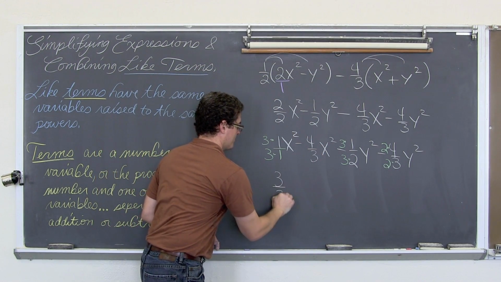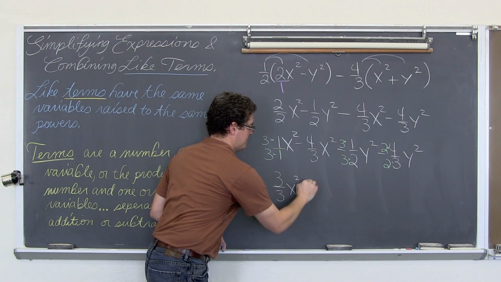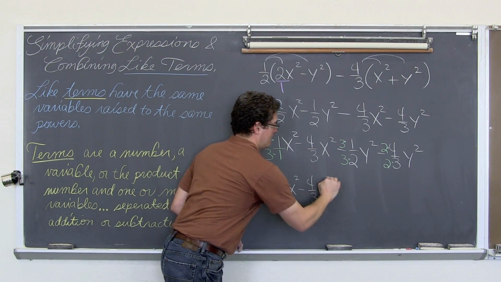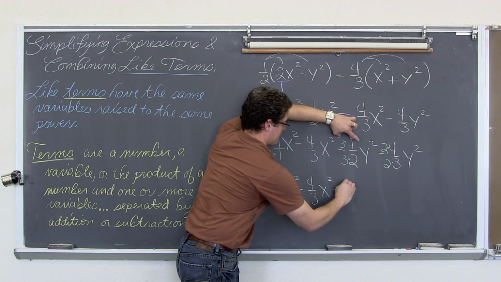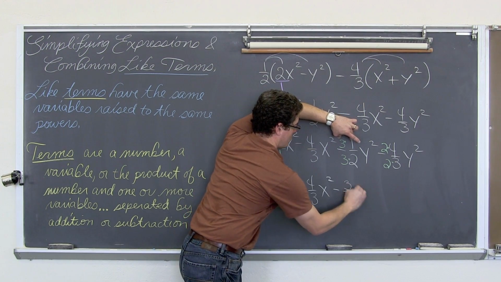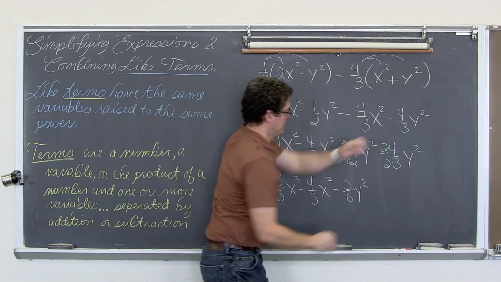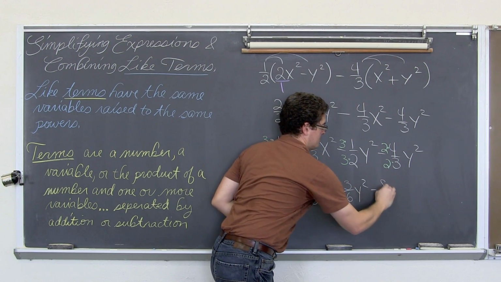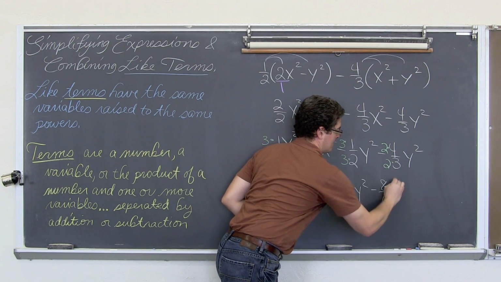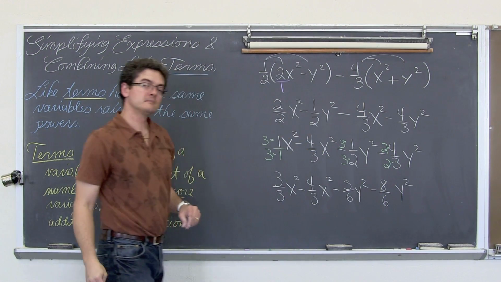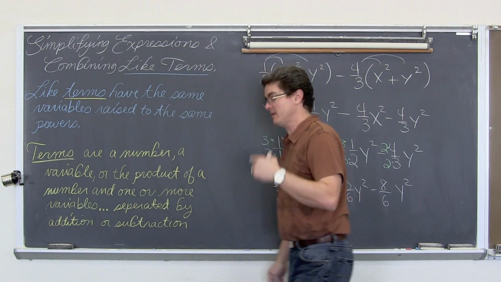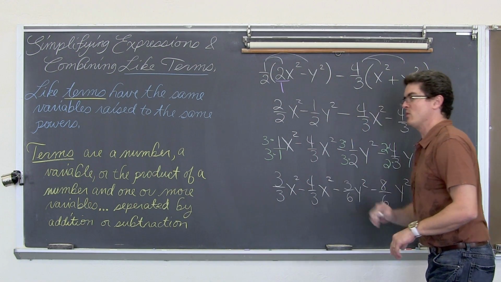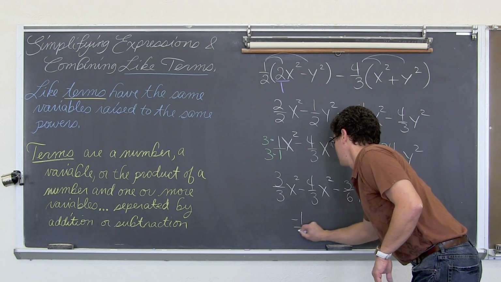3 over 3 x squared minus 4 over 3 x squared minus 3 over 6 y squared minus 8 over 6 y squared. So we have our common denominators. Let's add the tops and call it a day. 3 minus 4 is negative 1.